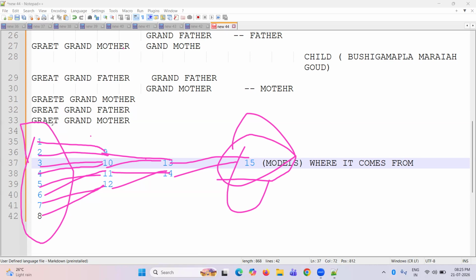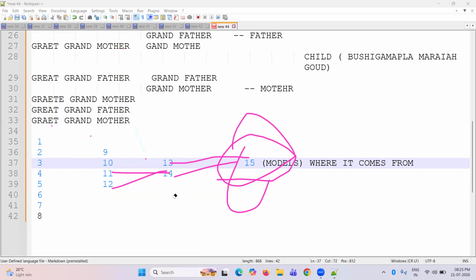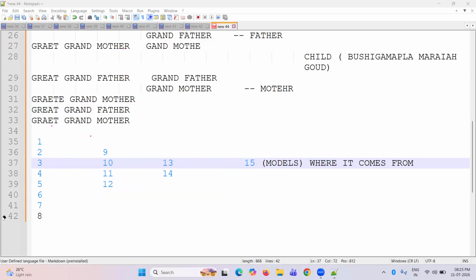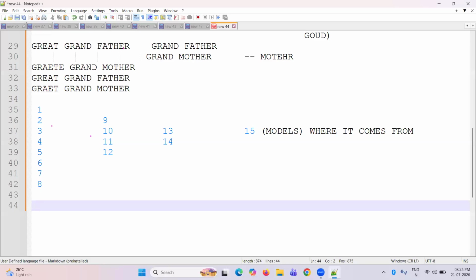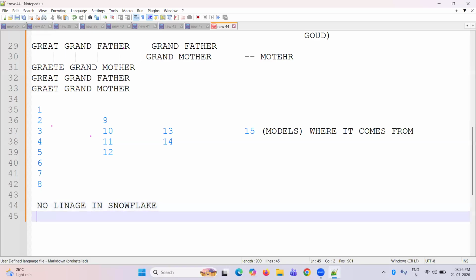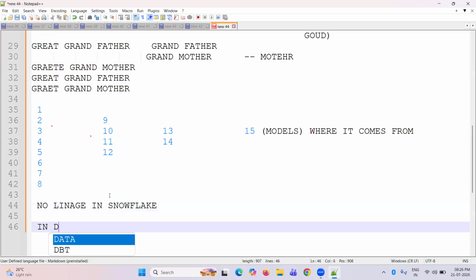Like a family tree, if there is any fruit on a tree, you can simply see which branch it comes from. So no lineage in Snowflake means no graph. Snowflake has no graphs, while DBT has a lineage graph that tells where the data comes from.